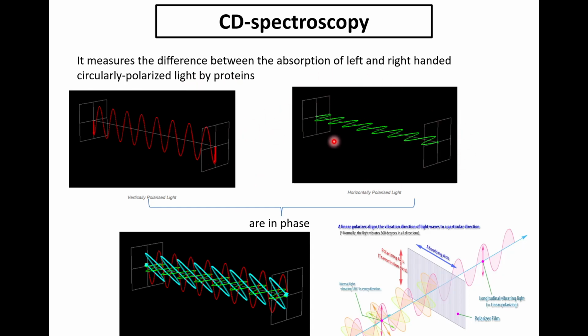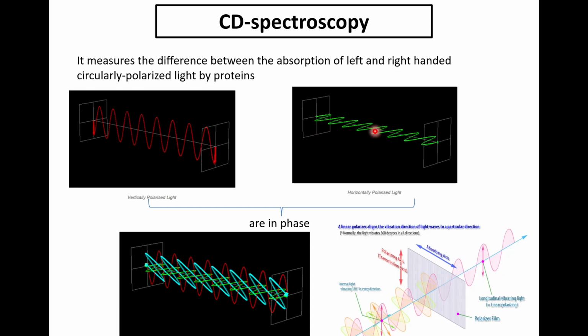If these two waves are in phase with one another, in phase means wherever this wave has a crest, the other wave should also have a crest in the same position, in the same time period, then these waves are in phase with one another.